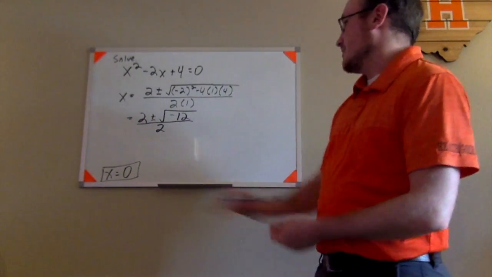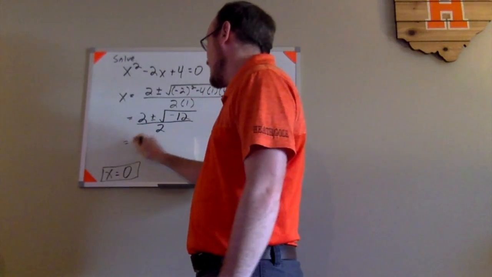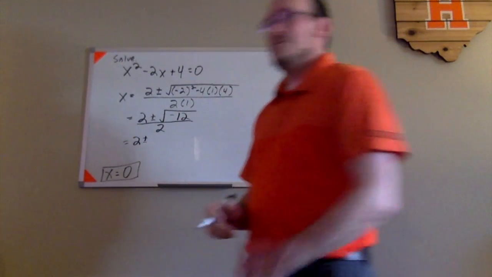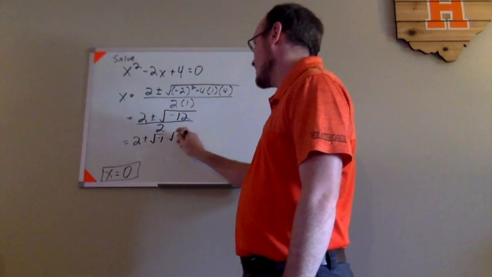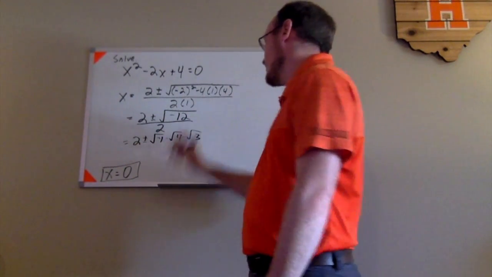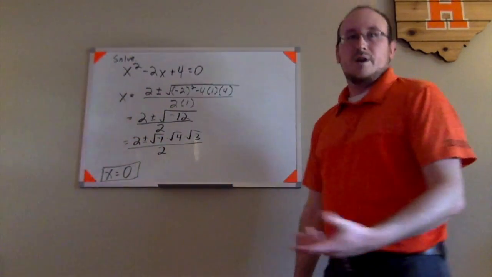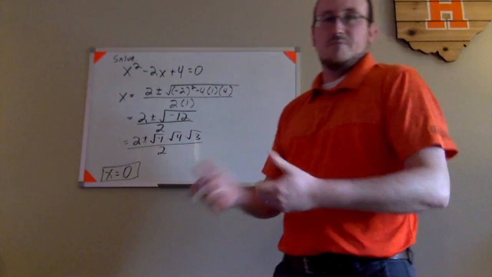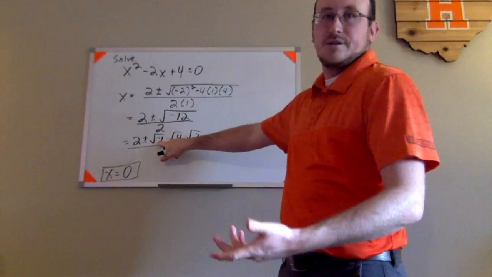And now it's a matter of simplifying the radical. The square root of negative 12 can be simplified. Go ahead and break that out. That could break down as the square root of negative 1 times the square root of 4 times the square root of 3, divided by 2. Again, there are plenty of methods for simplifying square roots that you maybe have seen. I'm just breaking off the negative because I know that's going to become the i.